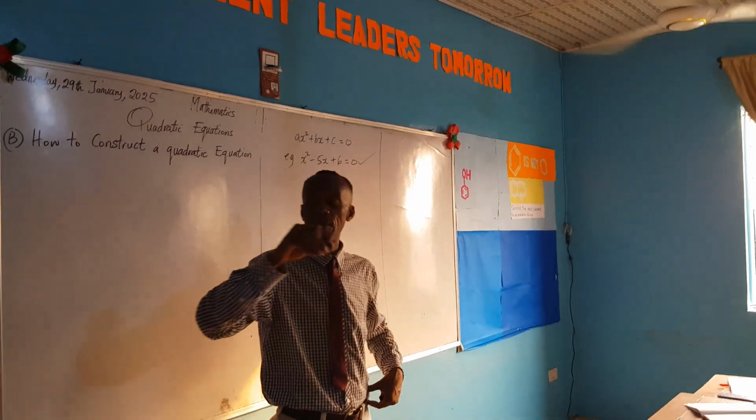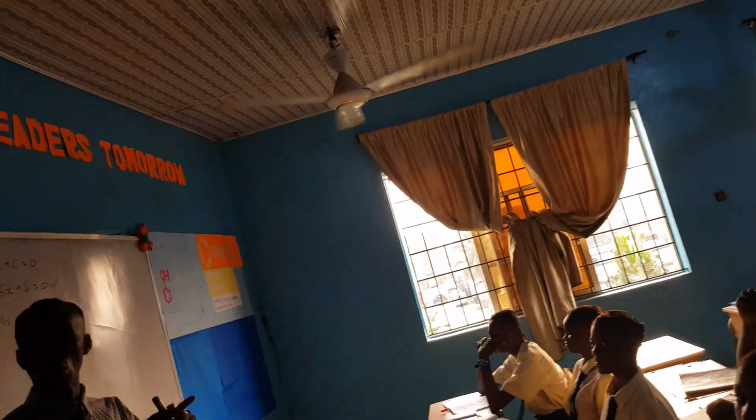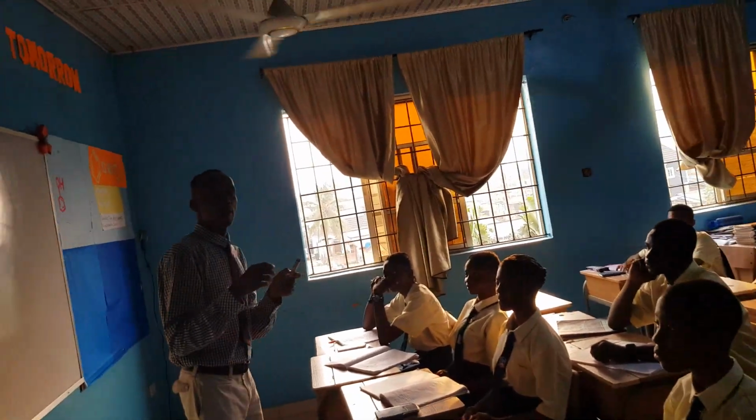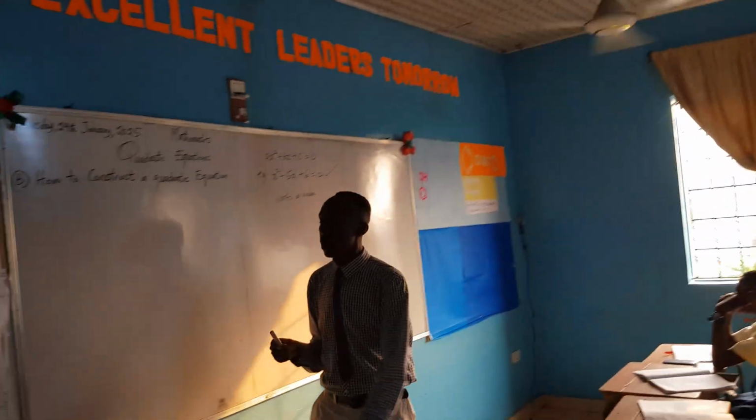Now, I'm going to expose you to 2 formulas, not different actually, they are the same formula, but you will get to know that these 2 formulas are the same. Okay? Let's write down this.